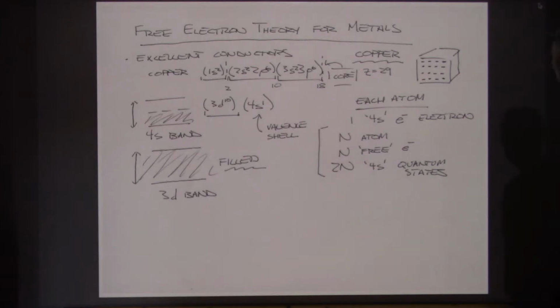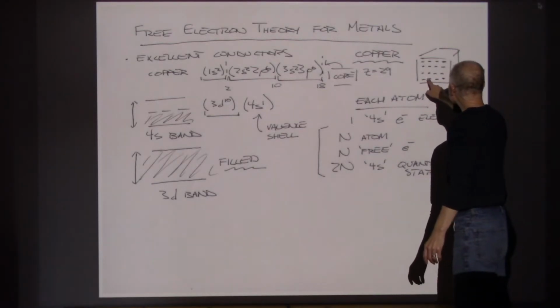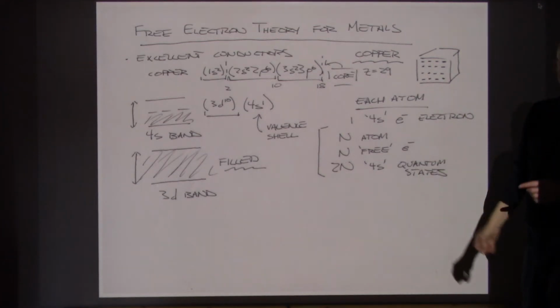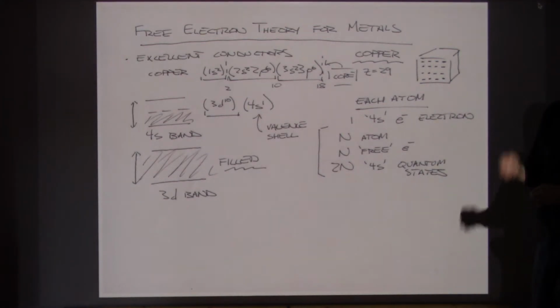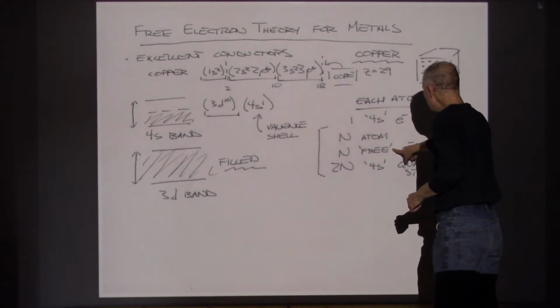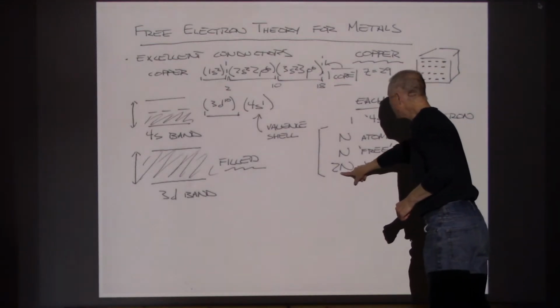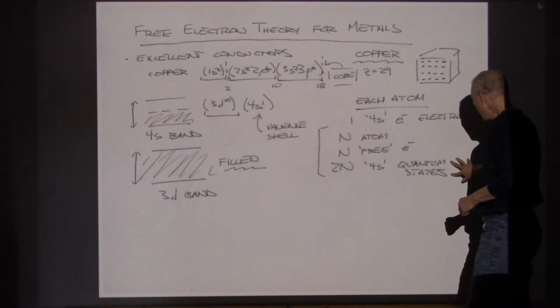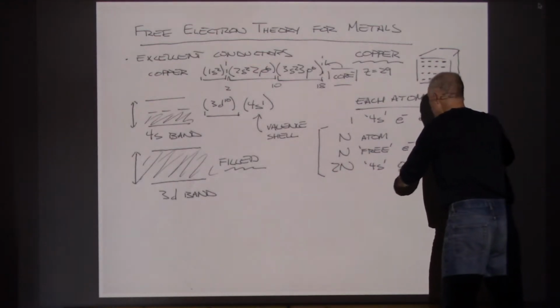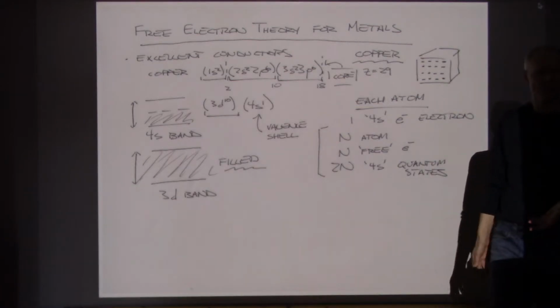And those electrons, instead of being assigned to individual atoms, are allowed to spread out through the entire block of copper. Now, along with the n free electrons, they are bringing in 2n 4s quantum states. So they're bringing in some quantum states too.